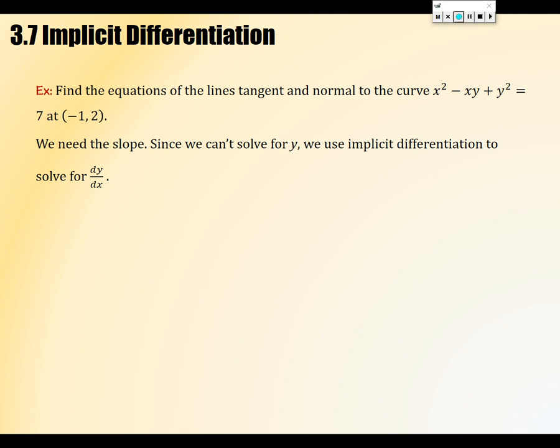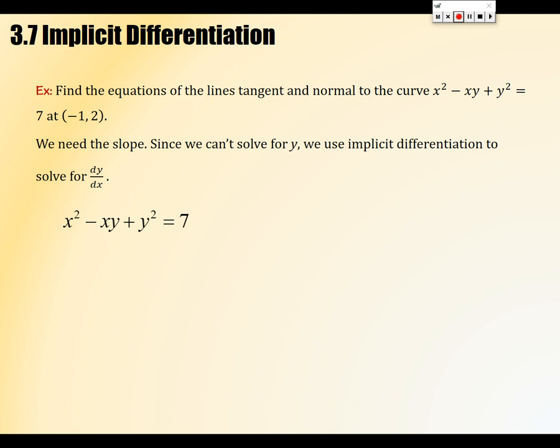So start by finding dy dx. Of course, that's the thing we need to do. And then we have the point, so then we'll be all set. We have to differentiate x squared with respect to x. That's easy.